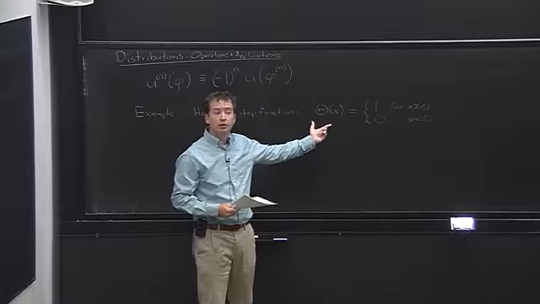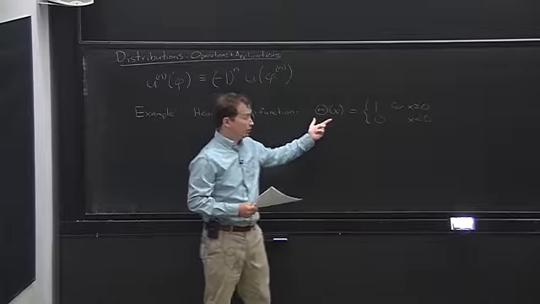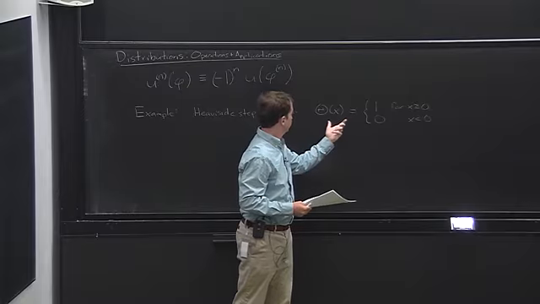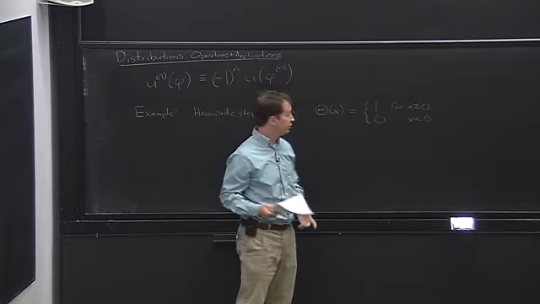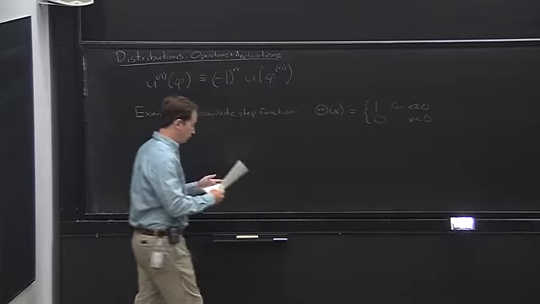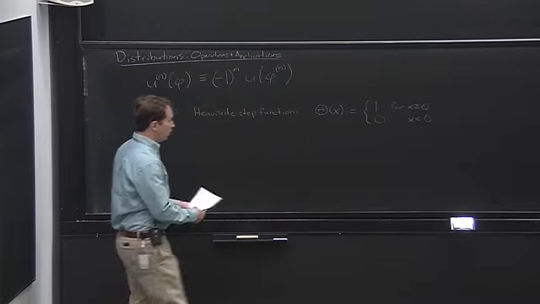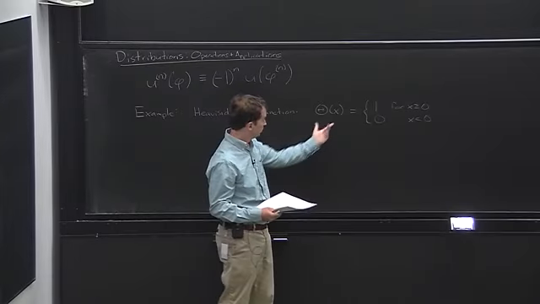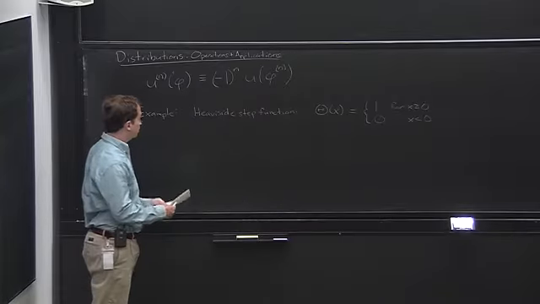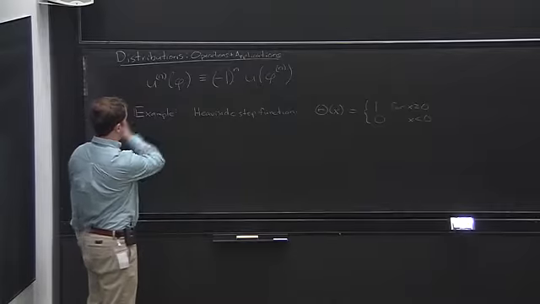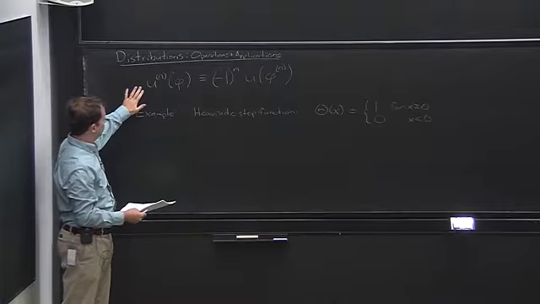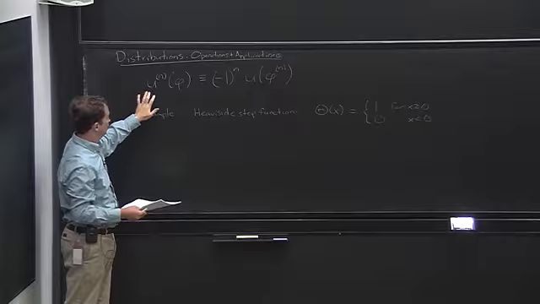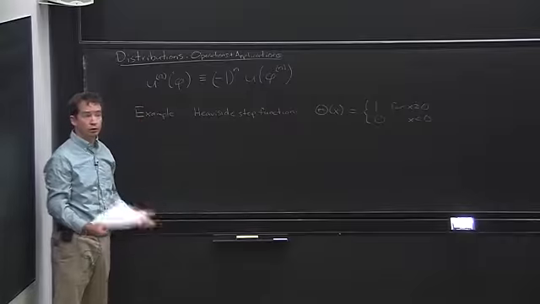So this is a function. It induces a distribution because this is a locally integrable function. The integral of this function over any finite interval is finite. So it's a distribution as well. And you can probably guess what the derivative of this should be. But let's just check using the new formalism involving test functions to make sure that this definition works the way we expect it to.